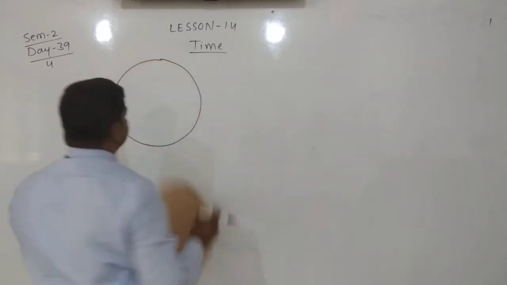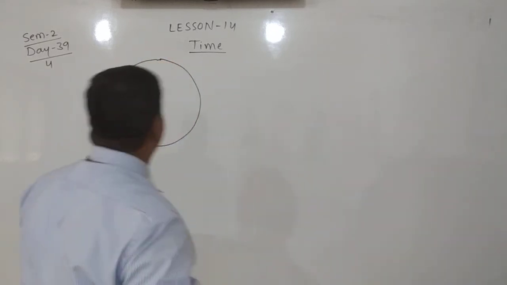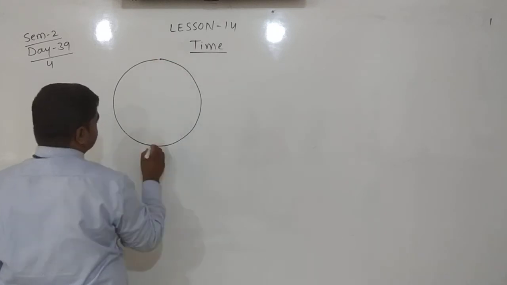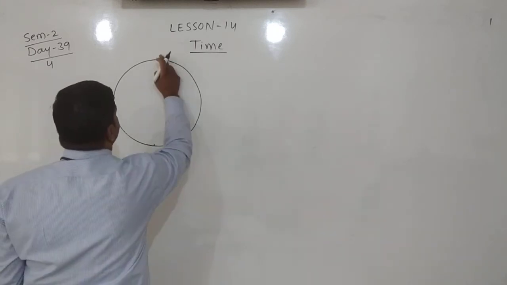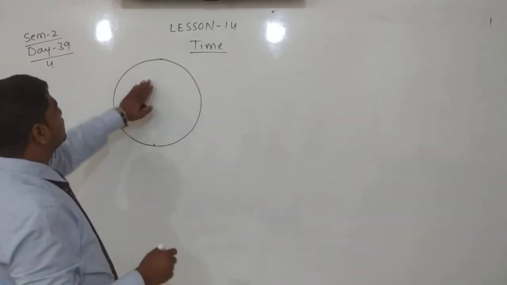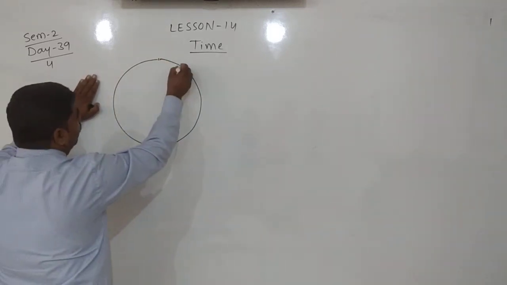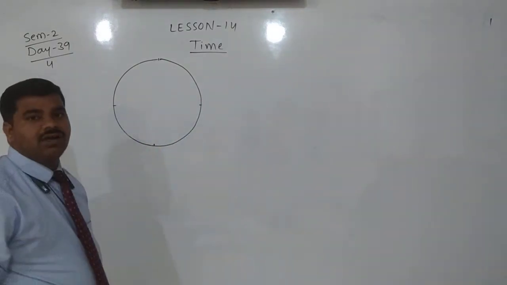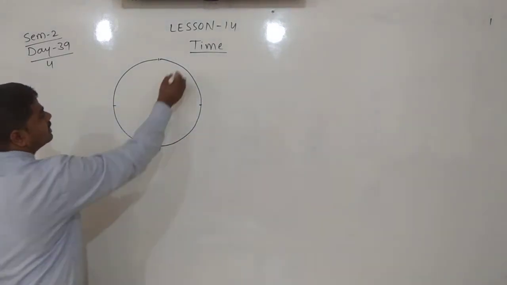Yes, we can draw a circle with the help of a compass. Yesterday I told you how to draw a circle with a compass. We know that this is the face of a clock. There are 12 numbers on a clock. How many numbers? 12 numbers.